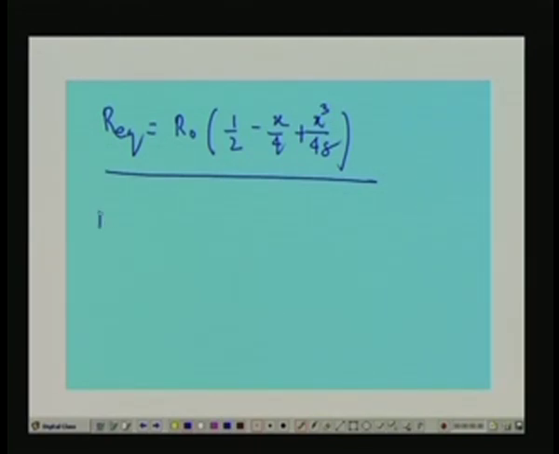Now, we see that x equal to beta delta t by T naught square, which is a very small value. Therefore, x cube by 48 and higher order terms become negligible. So, these two terms will be dominant, because the rest is very small.